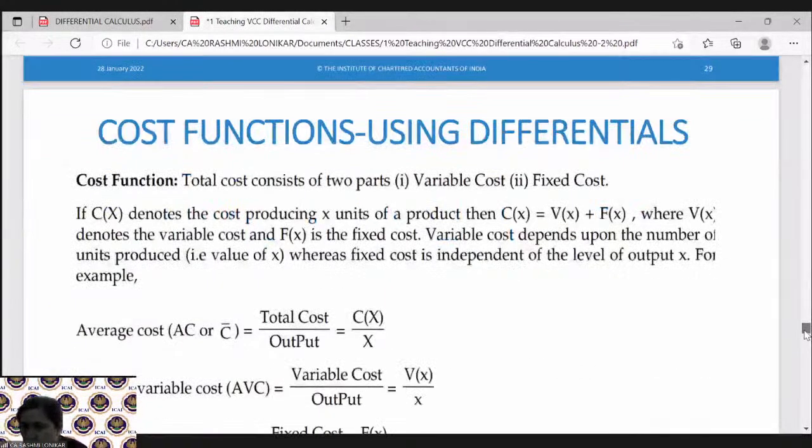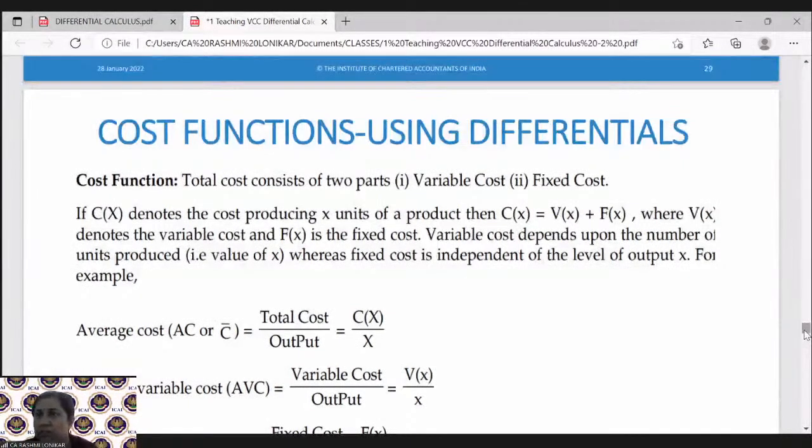Now what I want to tell you about is cost functions. I was just telling you about the higher order derivatives and then we were talking about this also. See, in costing, whenever I want to price a product, there are two types of costs. One is called the fixed cost and one is called the variable cost.